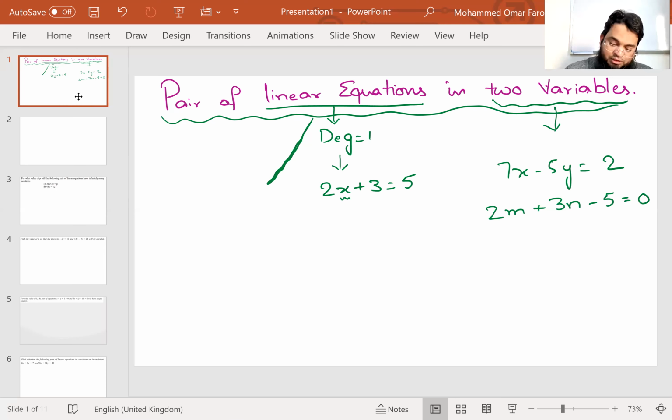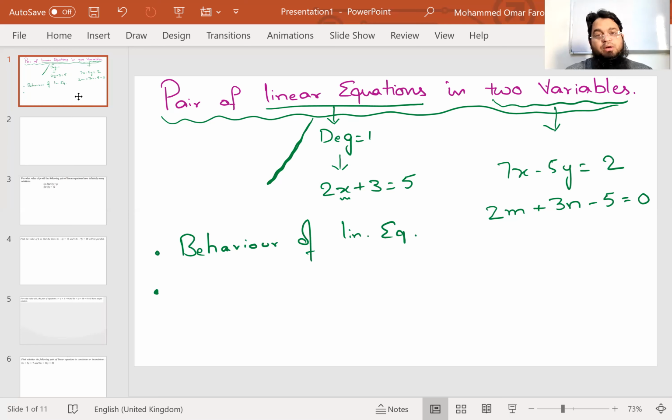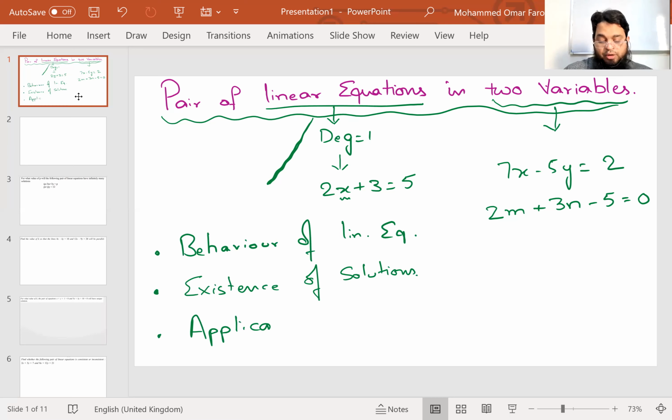So the first thing is the behavior of a pair of linear equations. That is the main thing we are going to see. The next one is the existence of solutions for these linear equations. And the third one, applications. Before going to the third one, we are going to see how to find the solutions for the given pair of linear equations.